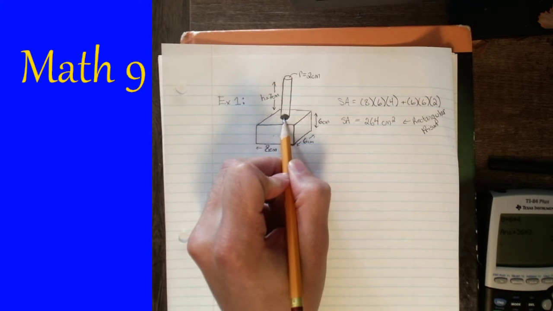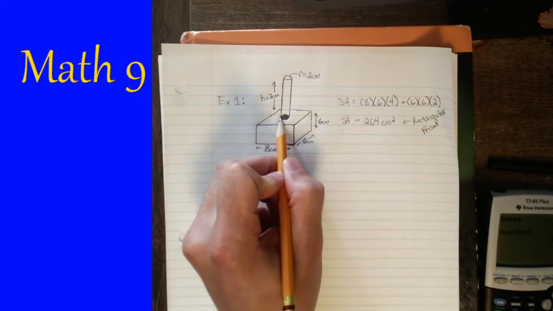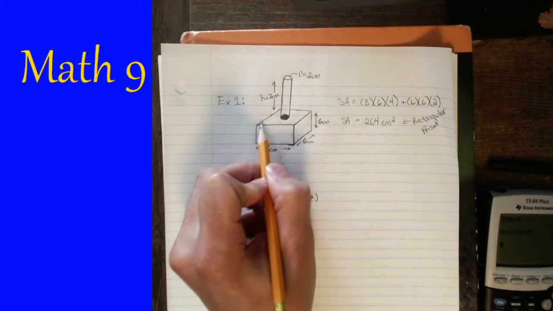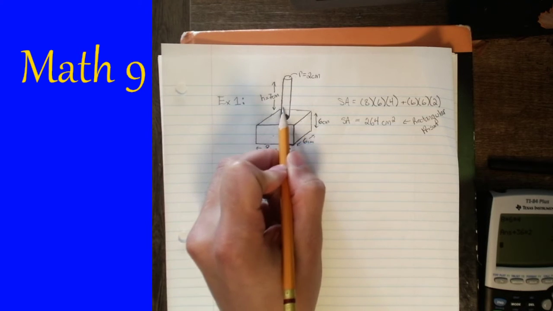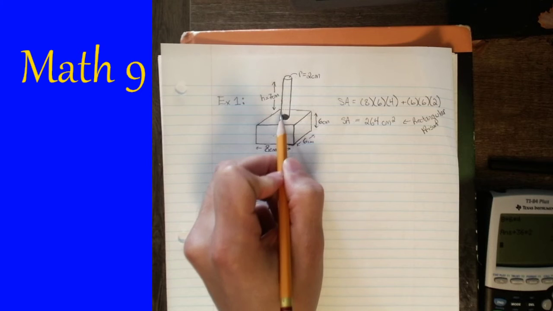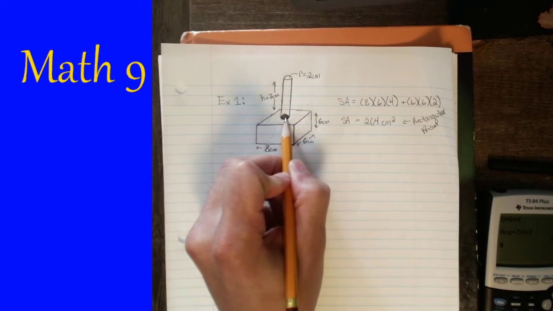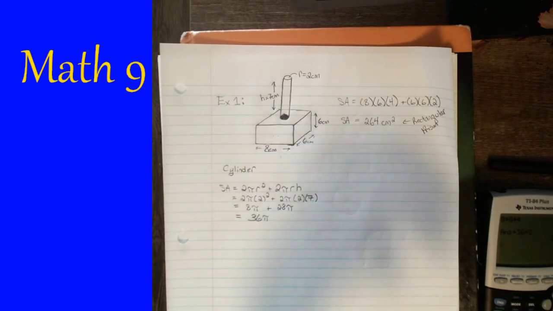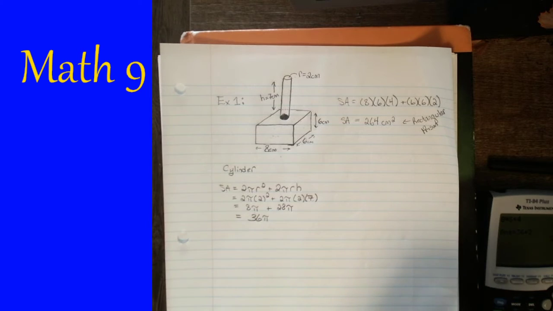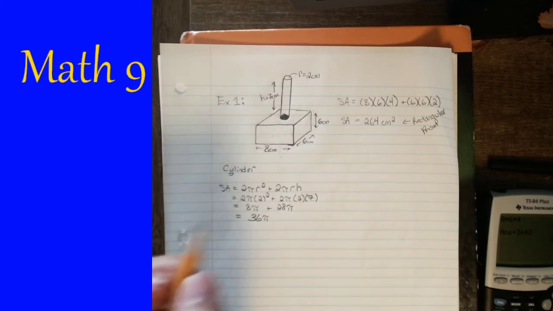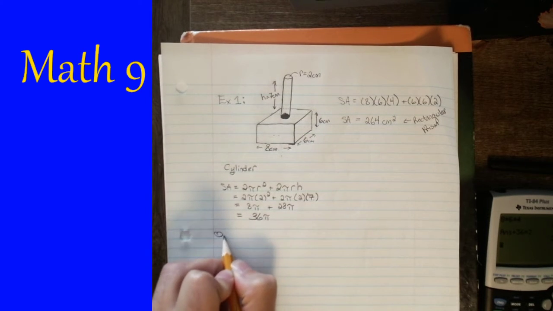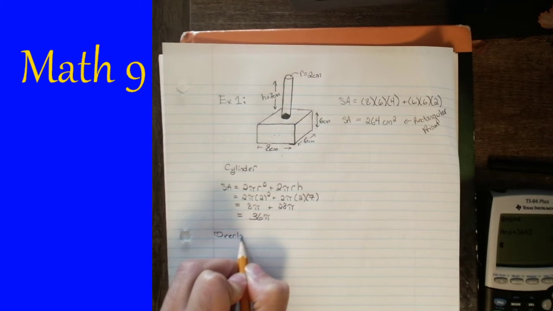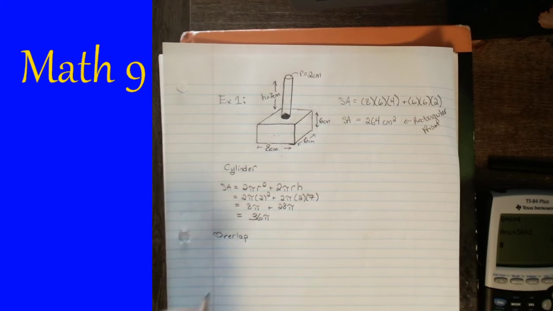It also covers up a space on the rectangular prism equal to the area of that bottom circle. So we have to do some accounting here or some omission. Sometimes we just call this the overlap. So where there's overlap, we actually have to subtract.